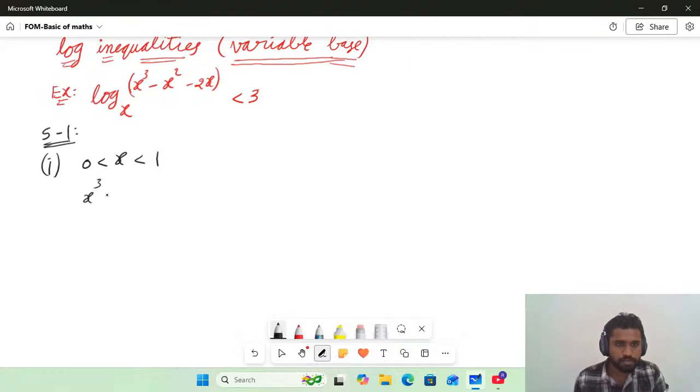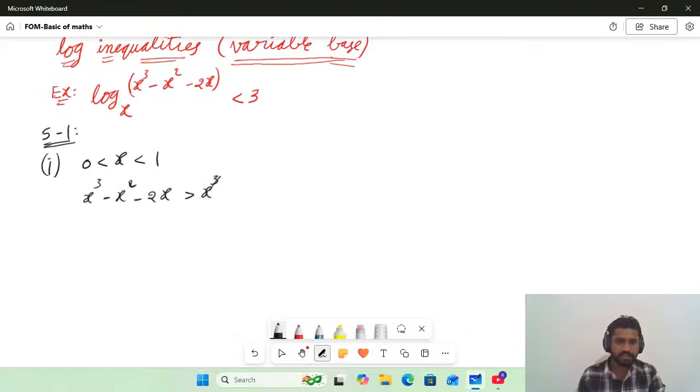So x cube minus x square minus 2x is greater than x cube. Why are we changing here? Because we are considering the case where the base lies between 0 and 1.